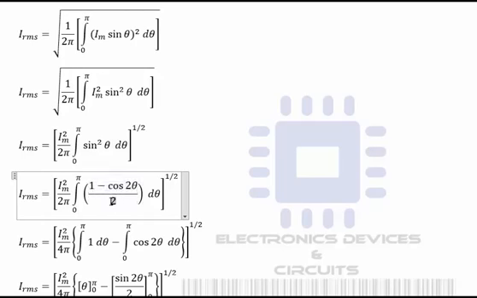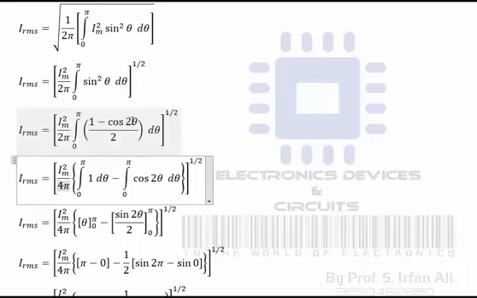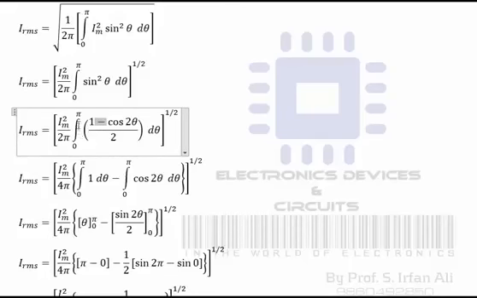So now this 2 from this side will be taken out. This will become 4, and in this 1 minus cos 2 theta we have a minus sign in between, so integration will become in two parts. First the integration of 1 with respect to d theta, and another the integration of cos 2 theta with respect to d theta. So this will be in a bracket, and this Im square by 2 pi will remain outside the bracket.